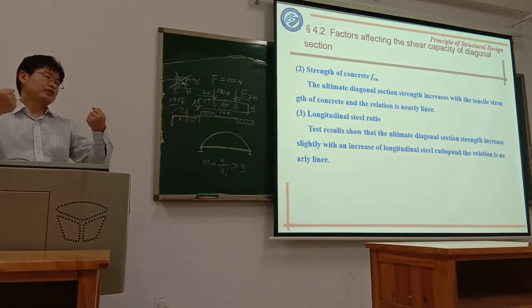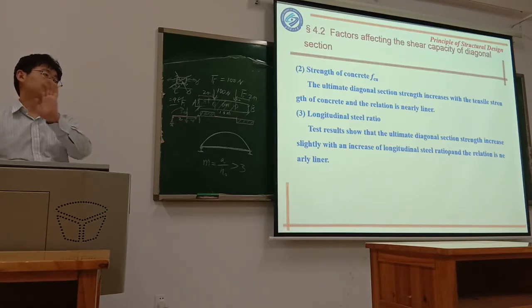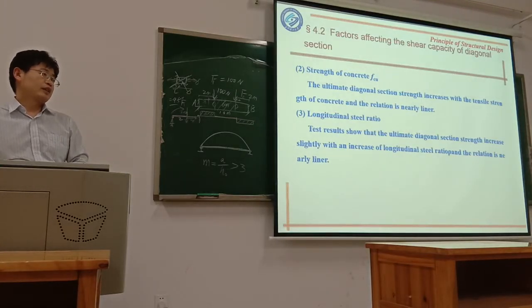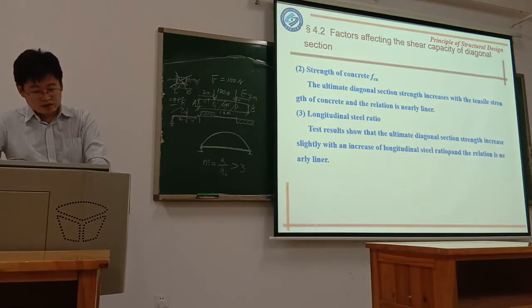So the tensile strength increases, that means the diagonal crack appears later. So the beam's loading capacity is increased. So this is the strength of the concrete.